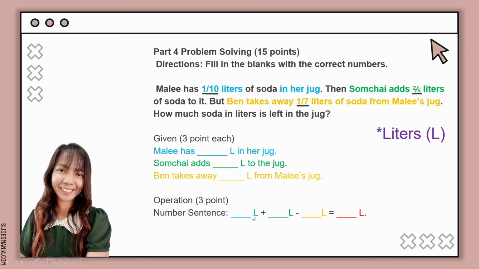You have to add the two fractions first, and after you add, you will subtract, and then this is your final answer. Whatever your answer is in this block, you will write it again in this block for the complete sentence of the answer.